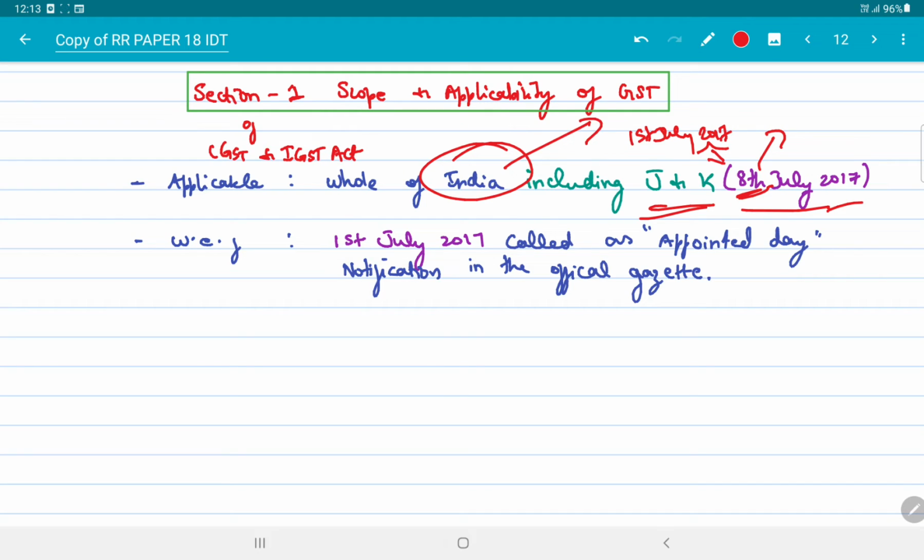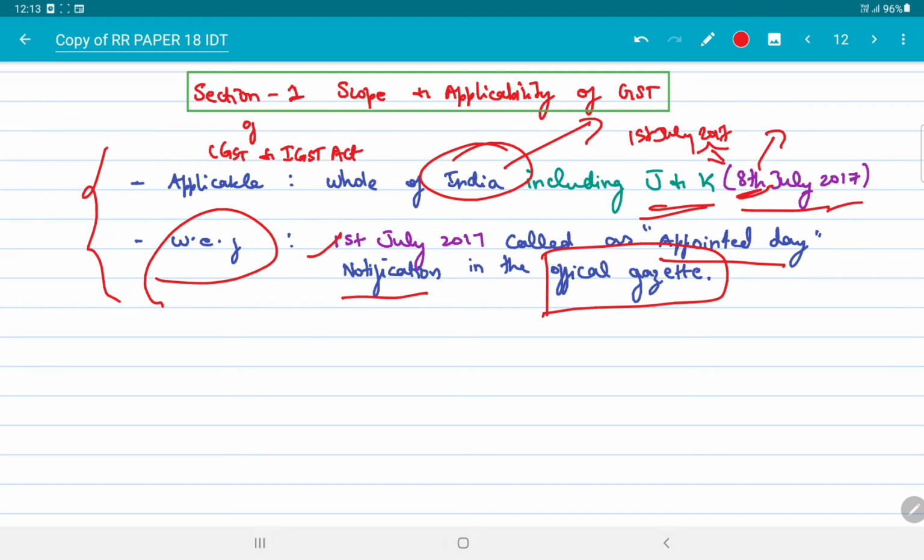On 8th July, J&K also accepted GST to be implemented. With effect from 1st July 2017, which is called the appointed day and was notified in the official gazette, it is applicable to the whole of India, including Jammu and Kashmir.